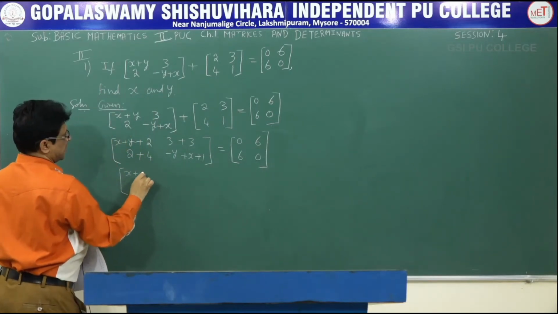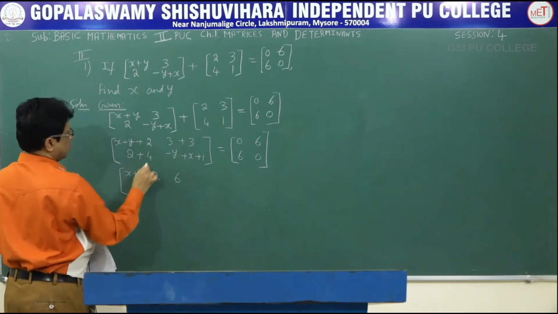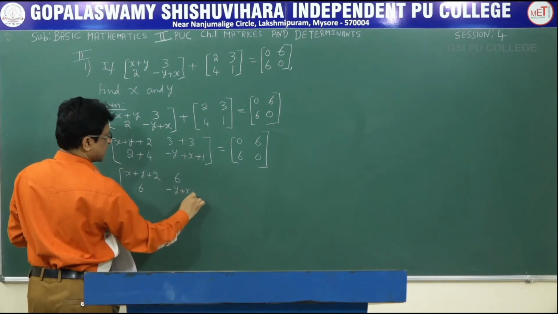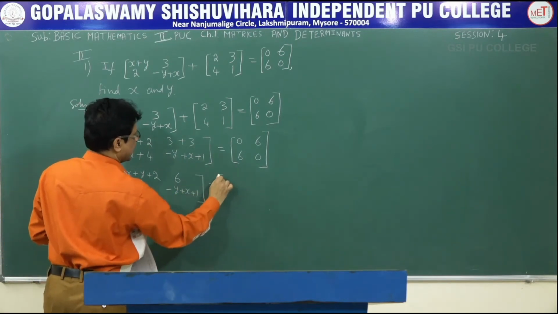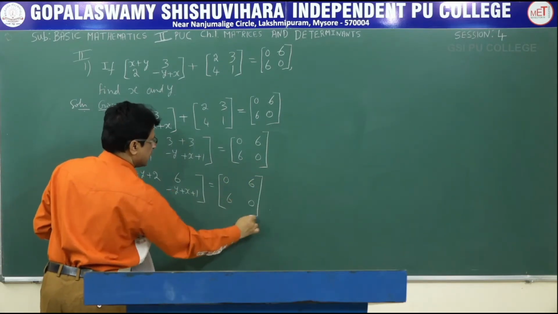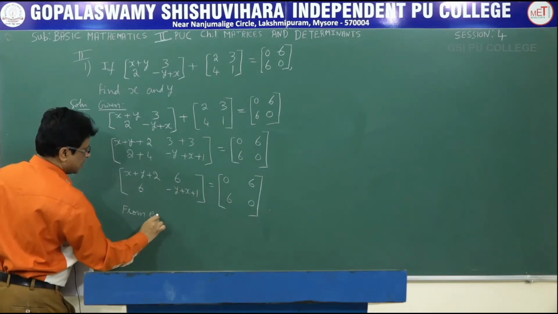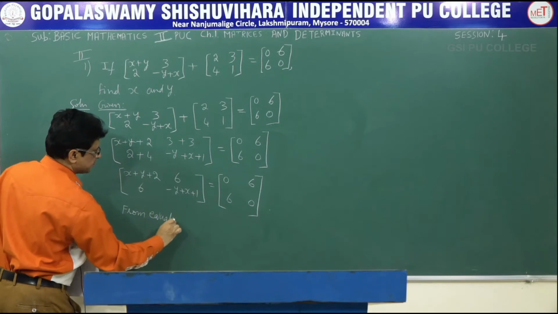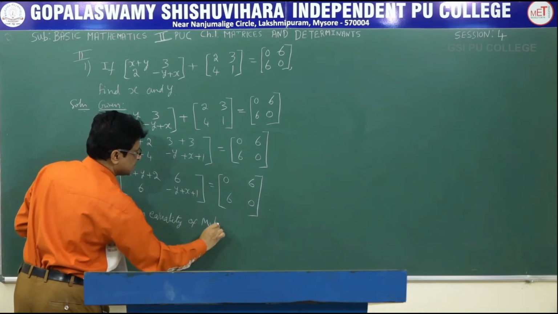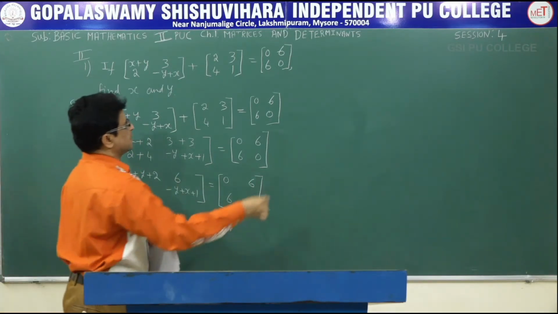So x plus y plus 2, 3 plus 3 is 6, 2 plus 4 is 6, minus y plus x plus 1, that will be equal to [0 6; 6 0]. So now from equality of matrices, we equate the corresponding elements.